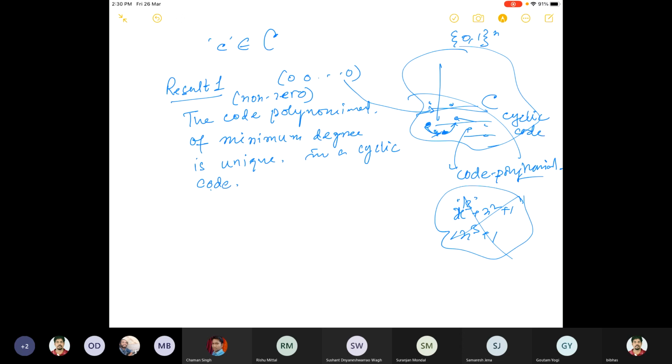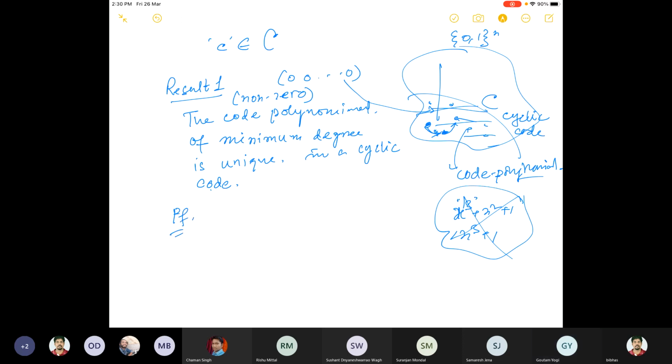This is the first thing we are going to prove. Most of the proofs in this topic we will prove by contradiction. Meaning, we'll assume that it is not, and then we'll reach something absurd, and then we'll show that our original assumption was wrong. That is how we'll prove it.